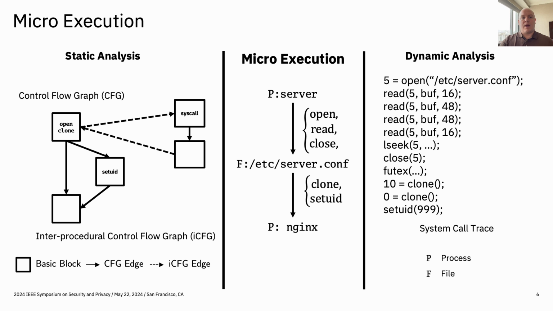Now, this graph data structure consists of individual nodes which represent system call terms in the control flow graph, and individual nodes are annotated with concrete arguments that occur at each individual term in the CFG.